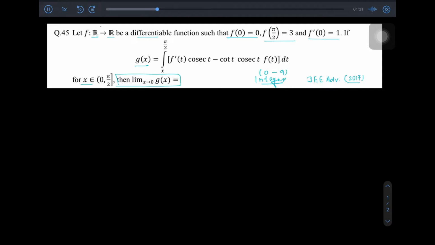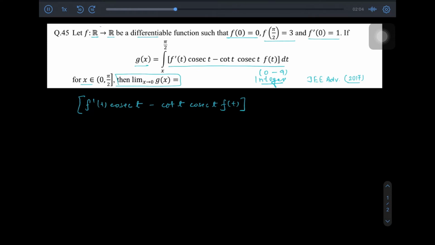So first we will observe this function that is in the integration. So this function is f dashed of t cosec of t minus cot of t cosec of t f of t. At first it appears that it's a very long expression. We don't have f of t, so how do we integrate?